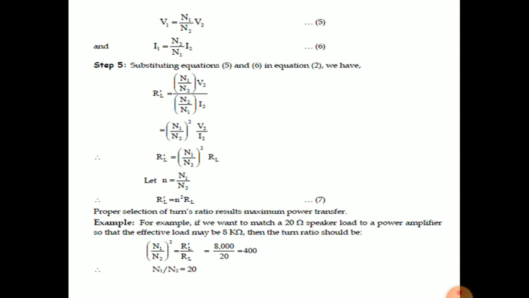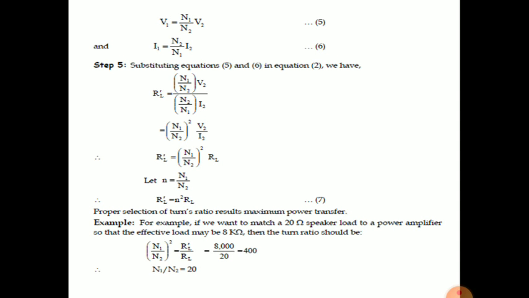For example, if we want to match a 20 ohm speaker load to a power amplifier so that the effective load is 8 kilo ohm, then (N1/N2)² is RL dash by RL. RL dash is 8 kilo ohm and RL is 20, so we get 400. The turns ratio will be the square root of 400, which is equal to 20.